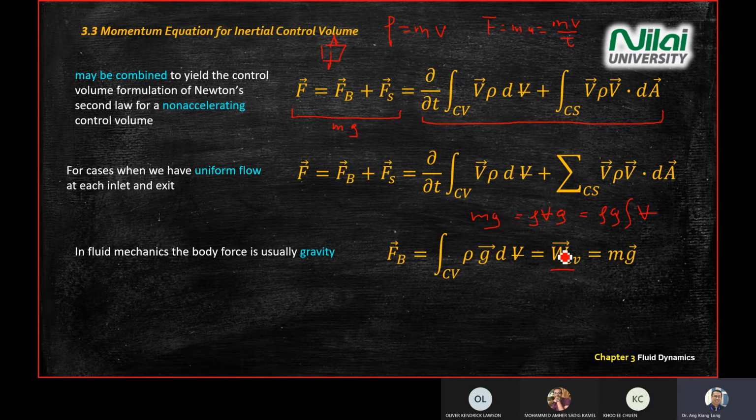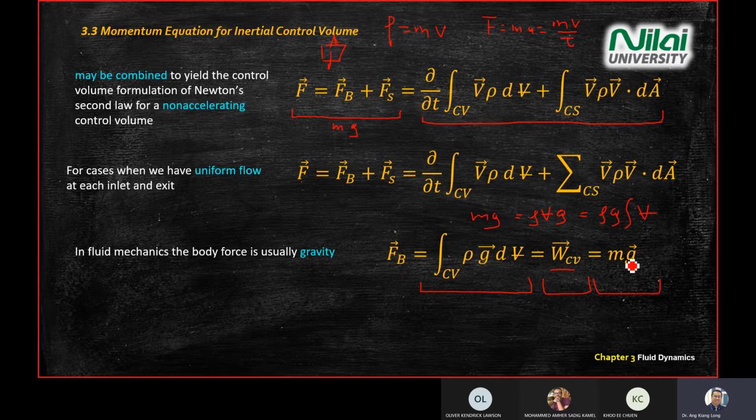So to recap what you learned in your physics into this module, we will use capital W in vector form because it is a direction going down, with a subscript of control volume, equal to mg. So there are three forms for body force. When you deal with the momentum equation for your test, your assignment or your final exam, when you want to calculate body force, you have three forms that you can use.